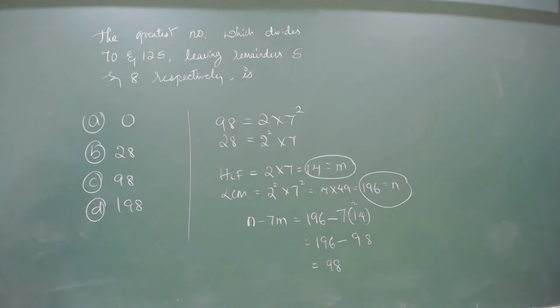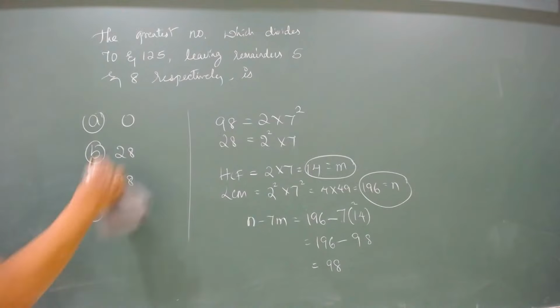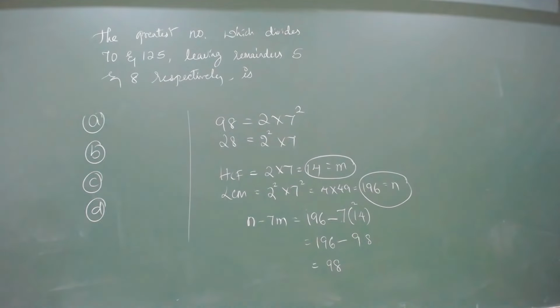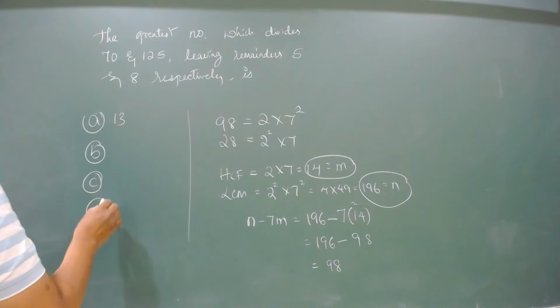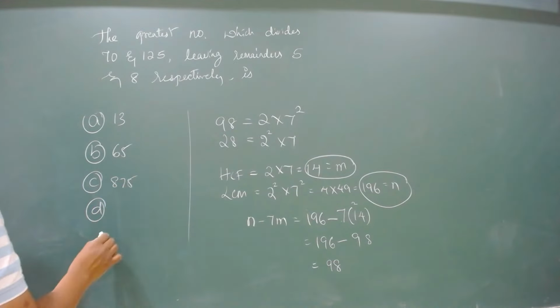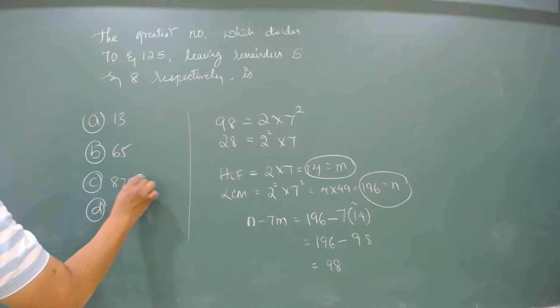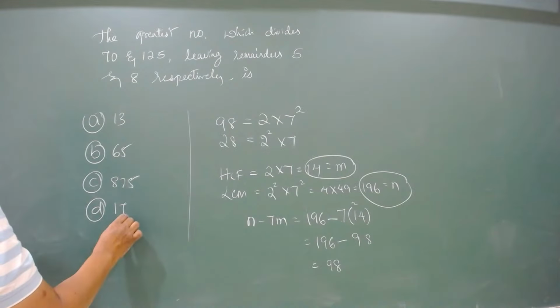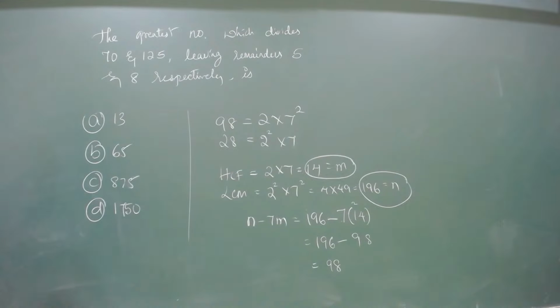This is again an MCQ question, again an easy question. Let me write the options: 13, 65, 875, 1750.